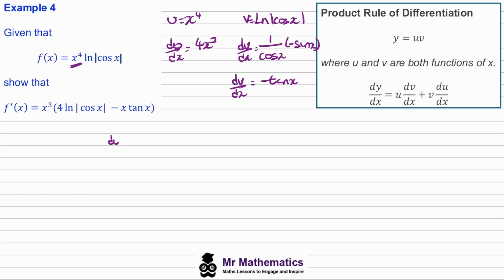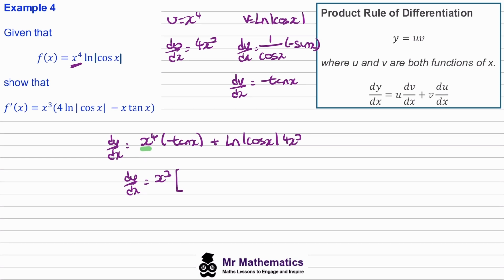So dy by dx will be the u term multiplied by the dv term plus v times du. Now we can factor out the x cubed, so dy by dx will be x cubed, and I'm going to write this term first because I don't want to start with a negative.